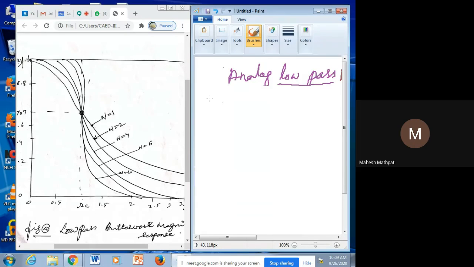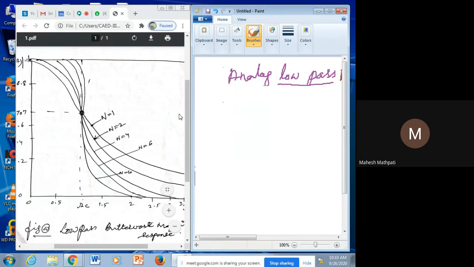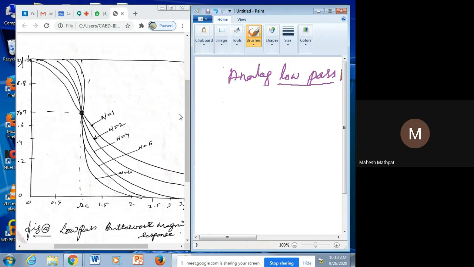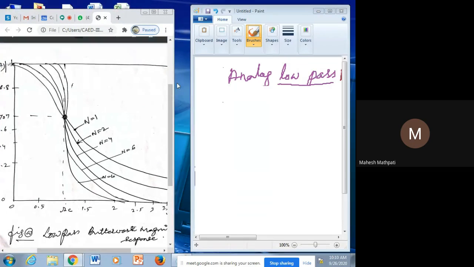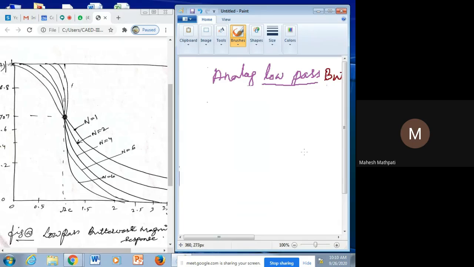Whereas Chebyshev filters have a sharp transition region and not a smooth pass band.